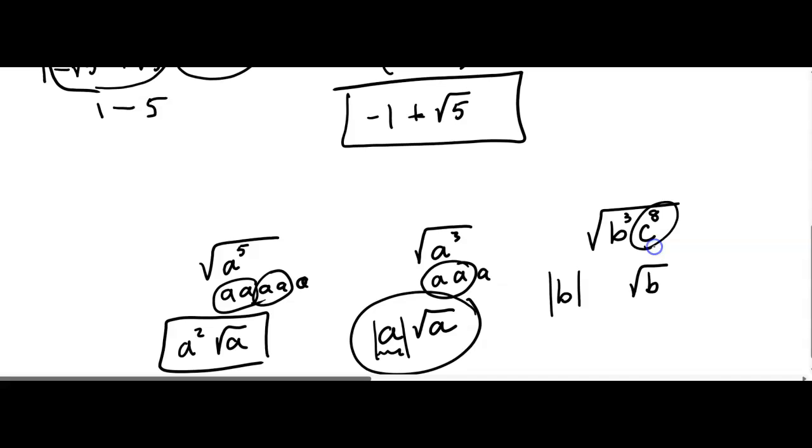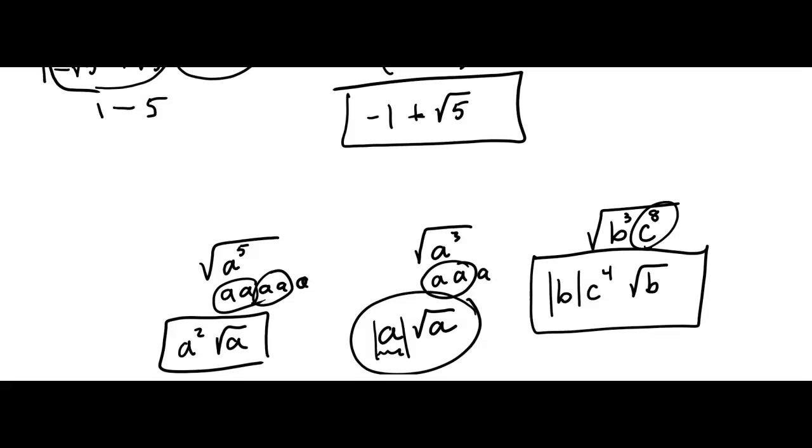Now what about the c to the 8th? That's going to become c to the 4th. You don't have to put it in the absolute value because see, it's already going to be positive because it's got an even exponent on it. Okay, so I just wanted to mention that. I imagine somewhere in the book they're going to say don't worry about the absolute value. And to be honest, this whole chapter we're just kind of reviewing some basic tools to use.